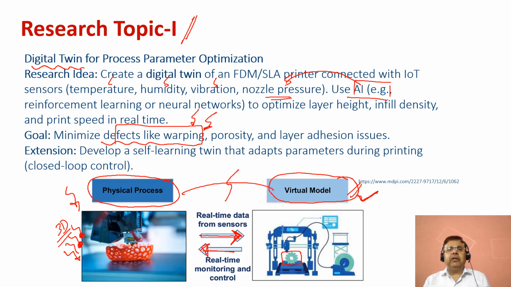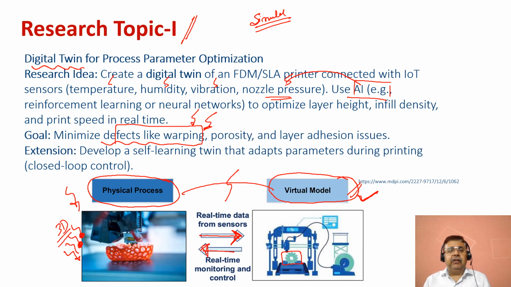Now, sometimes you may think it is something like a simulation. A simulation is a bit different from a digital twin. Simulation is no doubt a predictive experiment, but it happens offline. It is not connected with the real world.